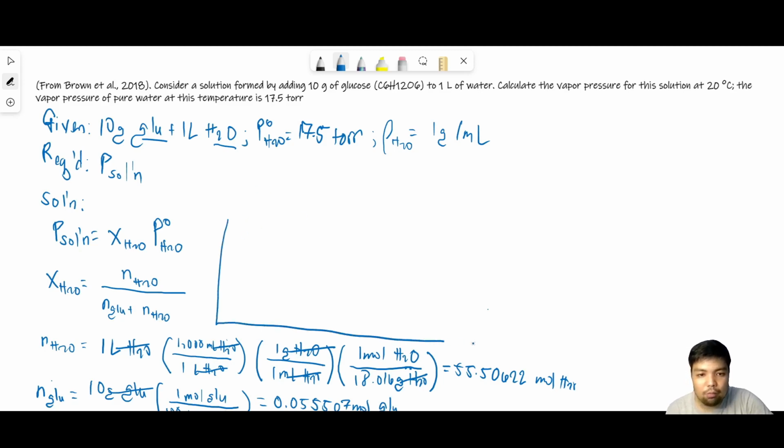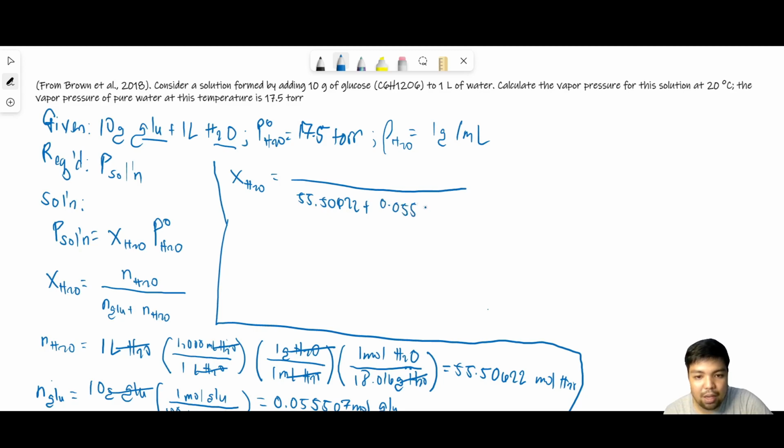So we already got that. Then we can now solve for the mole fraction of water. We substitute these values into our equation: in the numerator is the number of moles of water, 55.50622, over 55.50622 plus 0.055507.